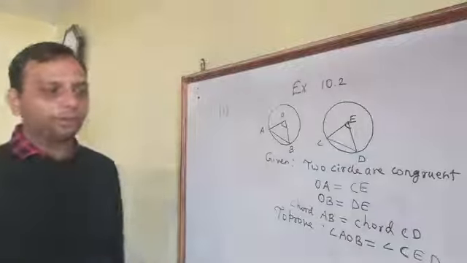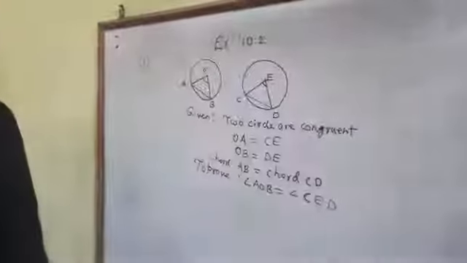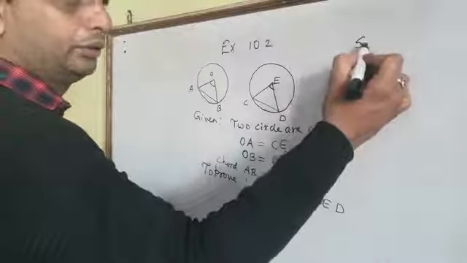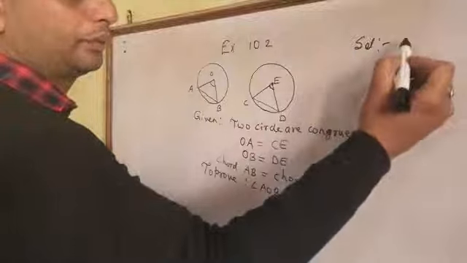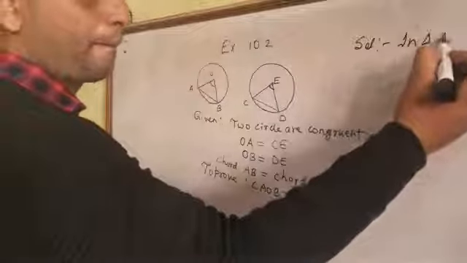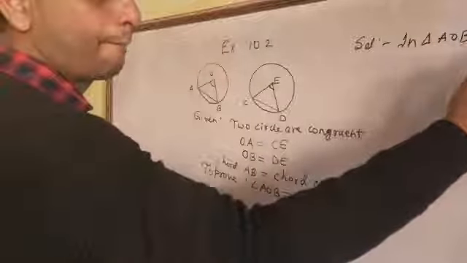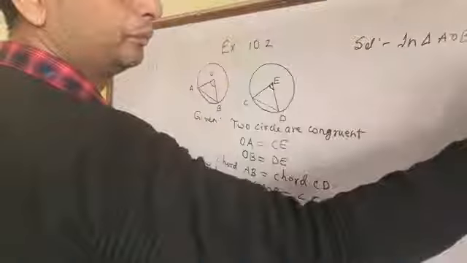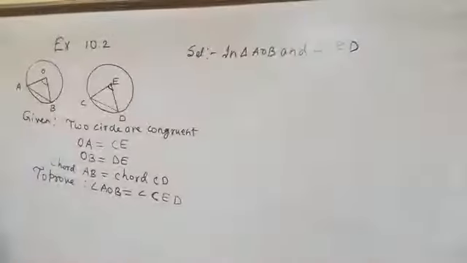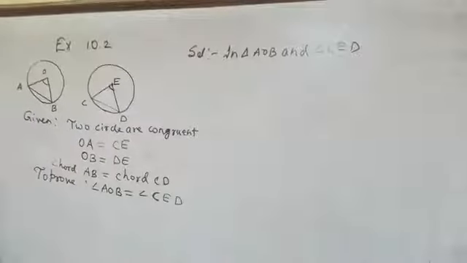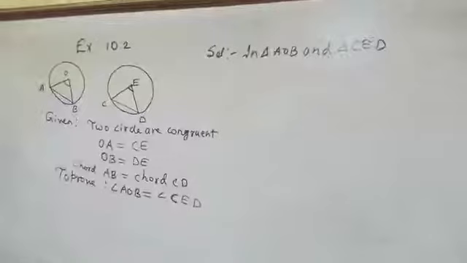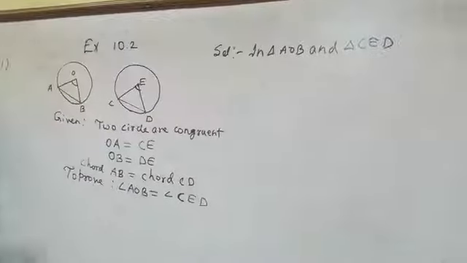This is easy to solve. What we will do? We will make these two circles concurrent. So I am solving here. Solution: triangles AOB and CED. These two triangles AOB and CED are in the two circles, so we can make them concurrent.